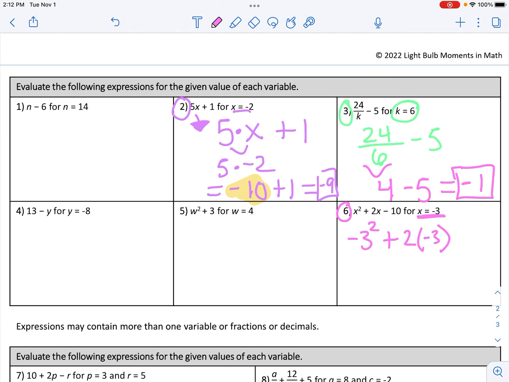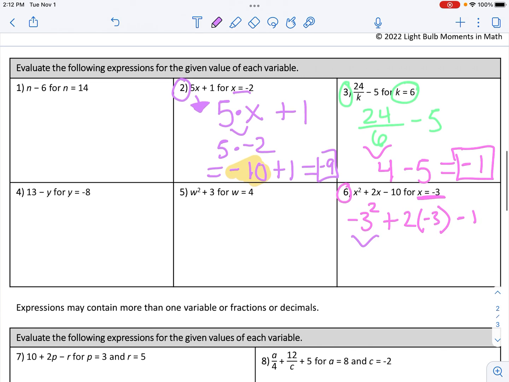Remember, we can always represent multiplication with parentheses. And then minus 10. Now with PEMDAS, technically we do have our parentheses, but we also have our exponents. This parentheses is just multiplication, so we're not going to do that first. We're going to do our exponent first.